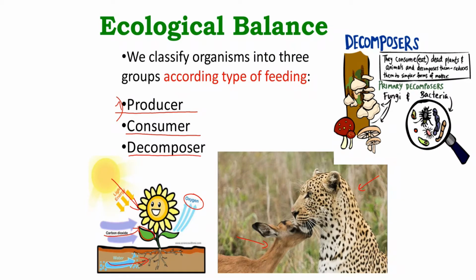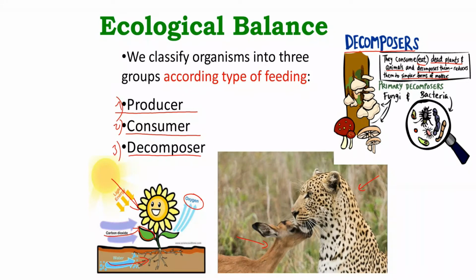And number 3, we see decomposers, that decompose, break down some materials and change their form. So the living things which do this activity, we call them decomposers. They consume or eat dead plants or dead animals and decompose them, transform them, change them into simpler forms of matter.